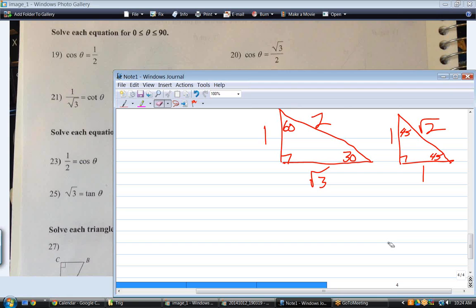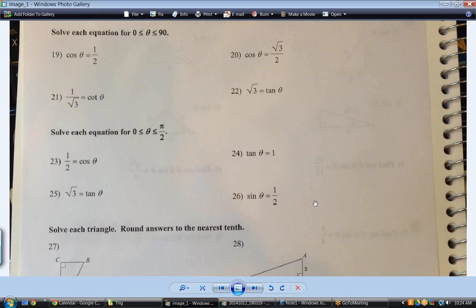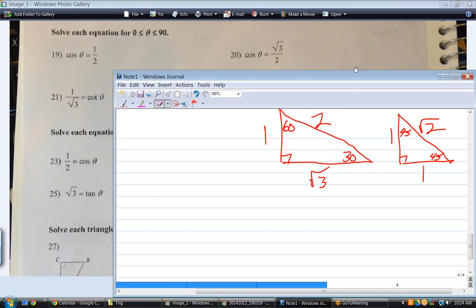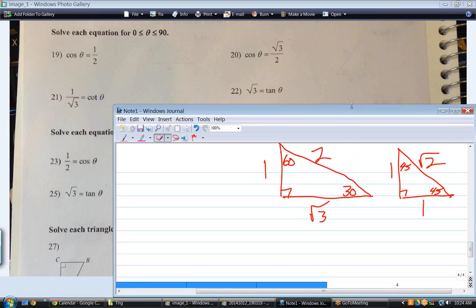60. Okay. What would the tangent of 30 be? 1/√3, so 60.